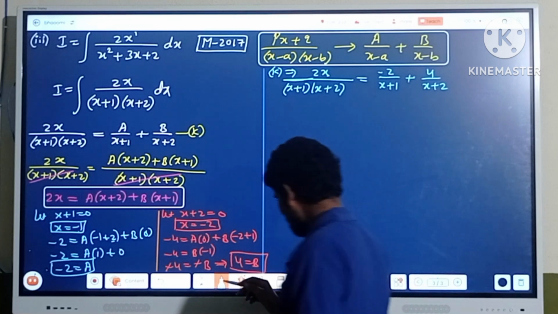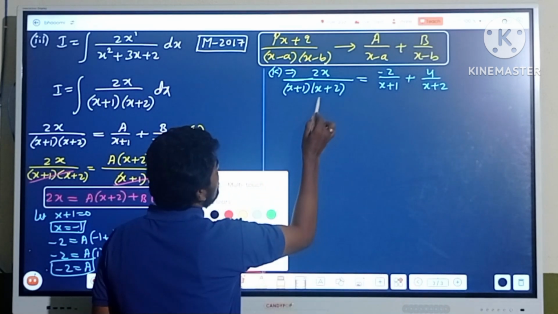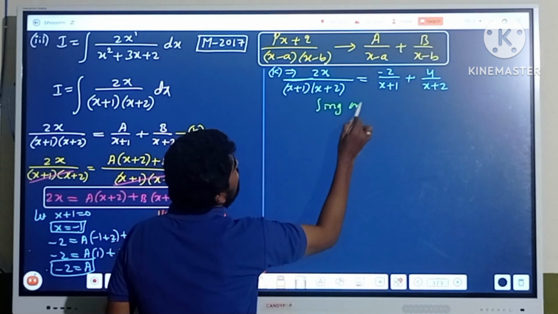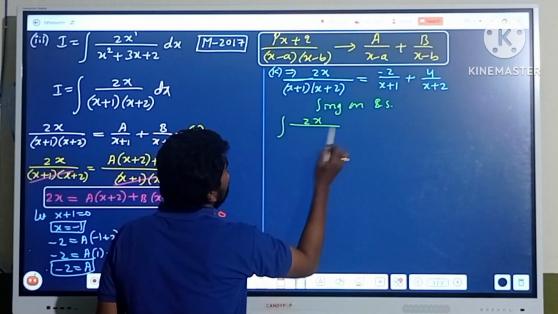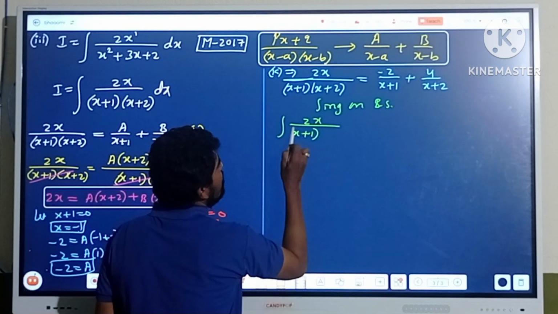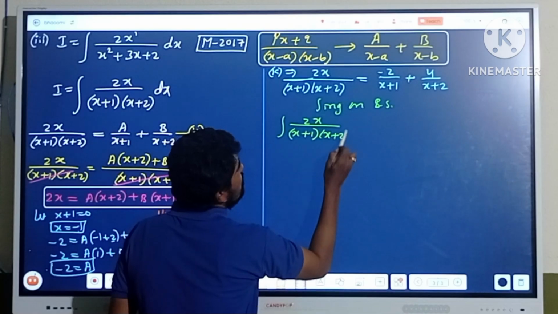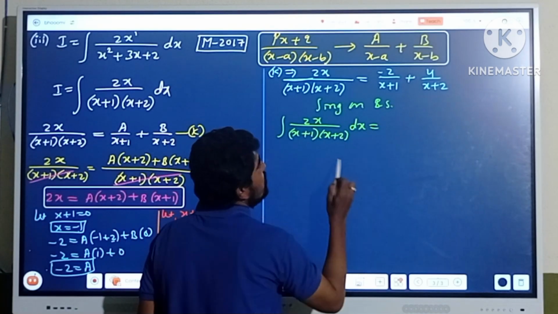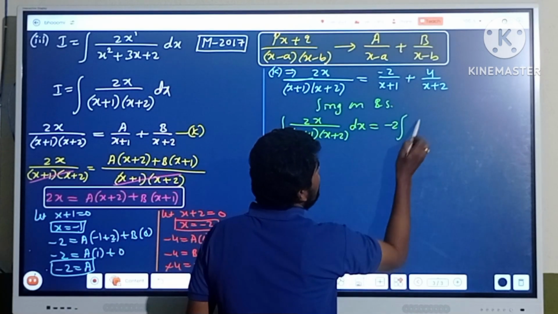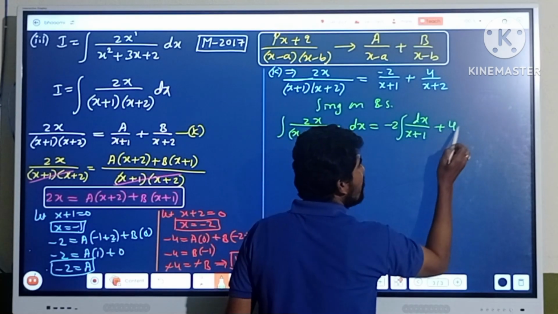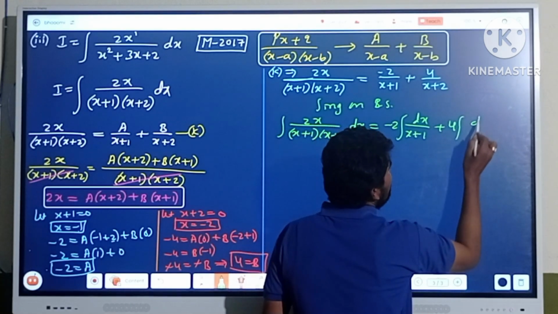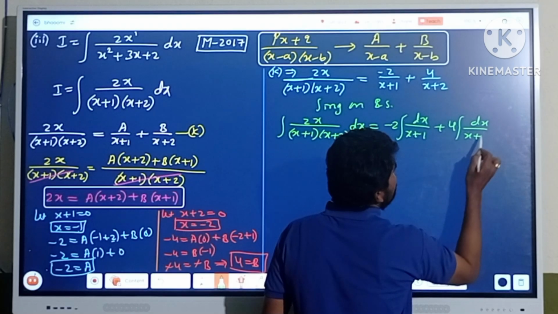What next? Same thing, integrating on both sides. So the integration of 2x divided by (x + 1)(x + 2) dx equals −2 into the integration of dx divided by (x + 1) plus 4 into the integration of dx divided by (x + 2).